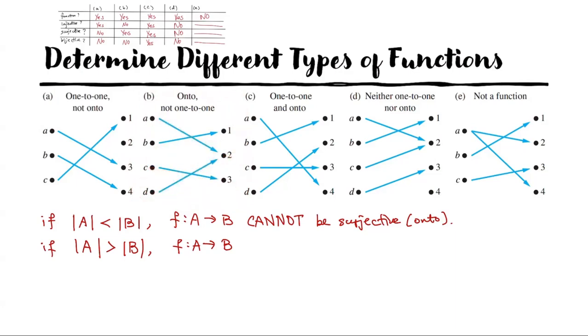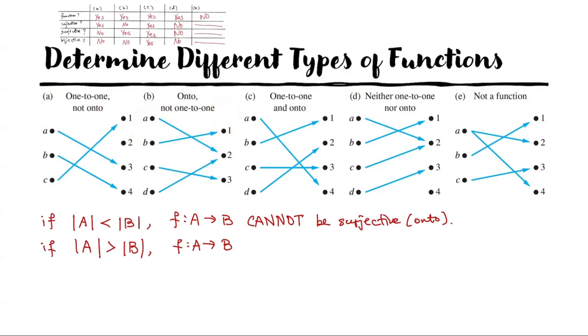Bijective means it's both 1-to-1 and onto, but if you look at it, this is not 1-to-1. So can we form a bijective function? A bijective function means a 1-to-1 correspondence: every input is mapped to a unique output, and every output has an input going to it. So we cannot form a bijective function.